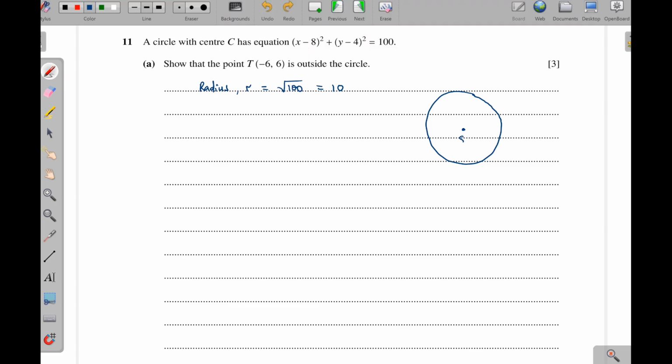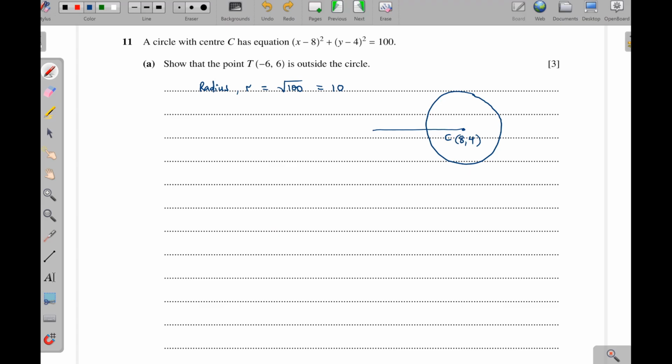That is the C. And then T is (-6, 6). So negative 6 is on the left of the 8. Then 6 is above. So probably, it is even outside the circle by just sketching.